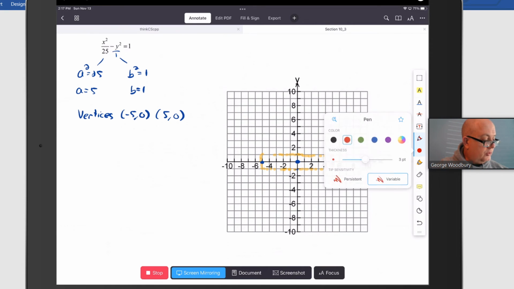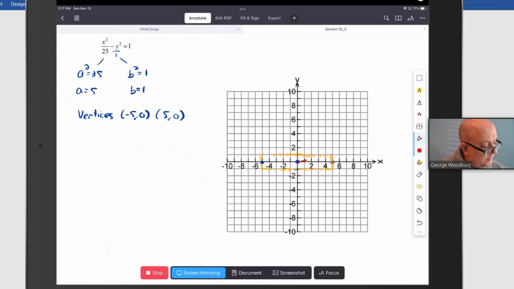So let's draw those in red. And so we can see that going left and right, it's pretty tight in there. So this graph's going to look a lot different than the last one. Through the vertices towards the asymptotes.